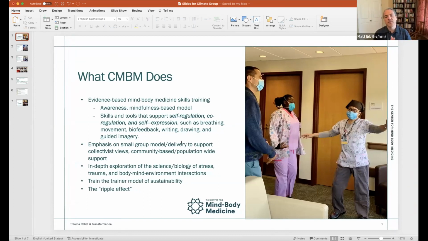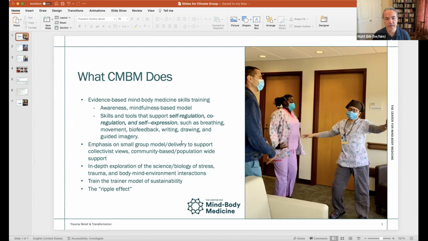What the Center for Mind-Body Medicine does, over the last 30 years, is an evidence-based model of mind-body medicine skills training. At its foundation, it's rooted in the amplification of awareness and a mindfulness-based model, but it's much different than something like mindfulness-based stress reduction, and I hope that'll be apparent in what I say here.